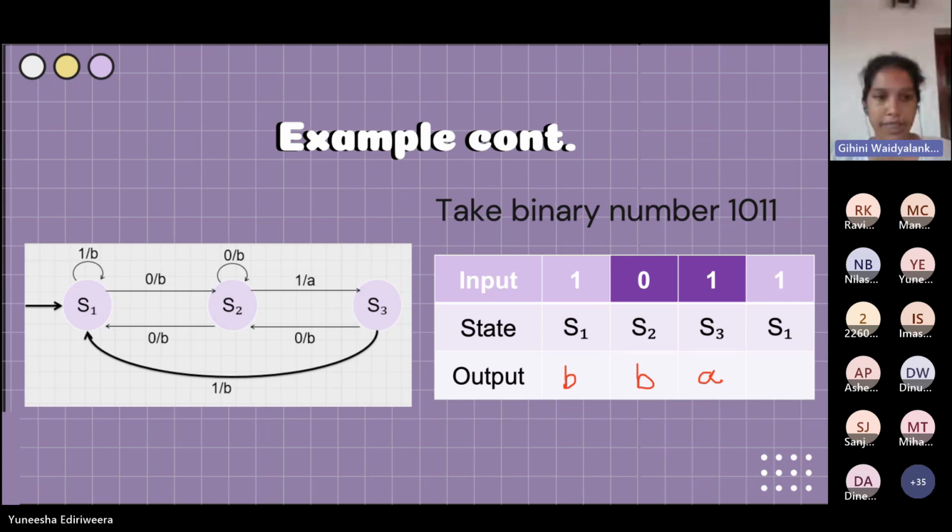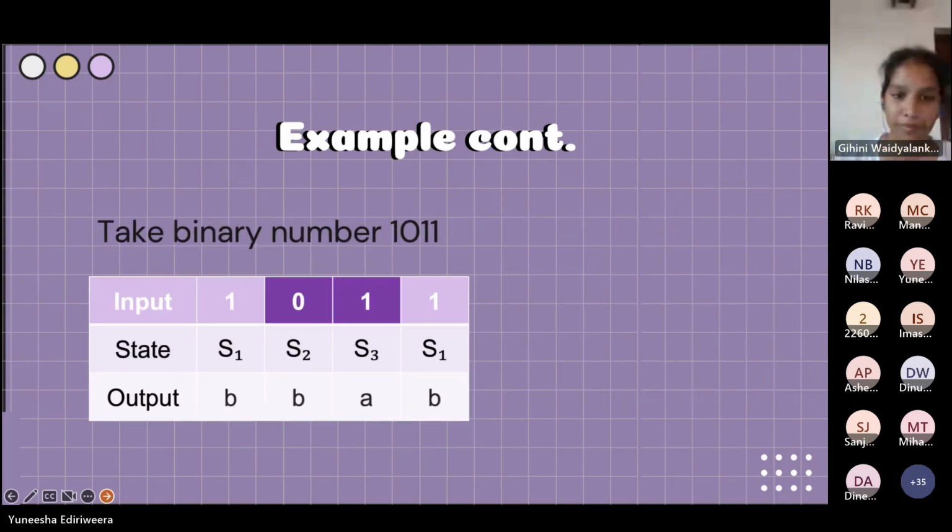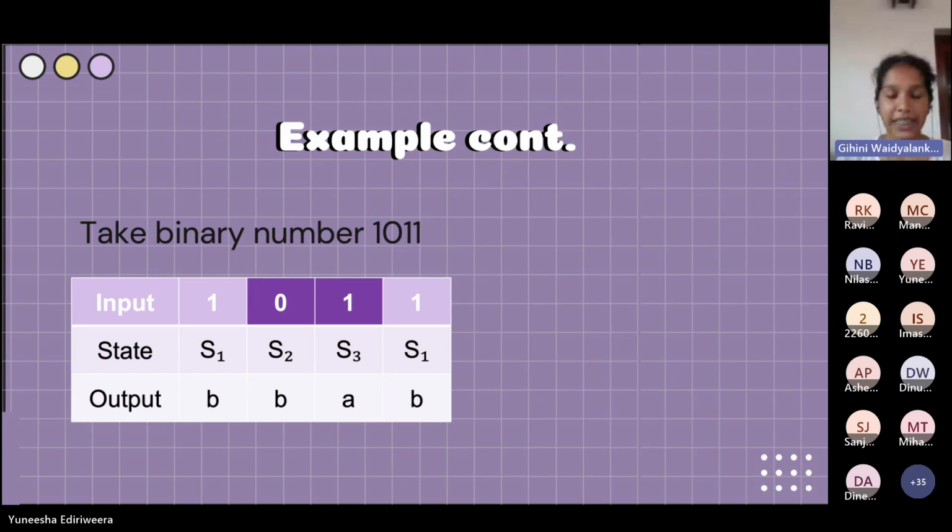So the present state is state 1 and the input given is 1, so the output produced is B. Can you move on to the next slide, please, Sunisha? Now you can see that this is the output produced when the binary number 1011 is given. So you can see how a Mealy machine can be constructed for a certain situation. Now we'll move on to the rest of the presentation.